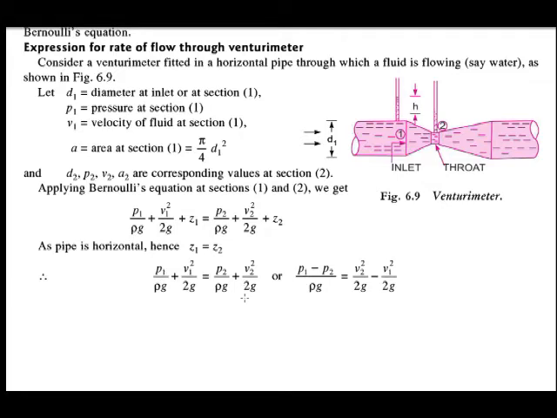Now take the pressure terms on one side and velocity terms on the other side. Then the equation becomes P1 minus P2 upon rho g is equal to V2 square upon 2g minus V1 square upon 2g.